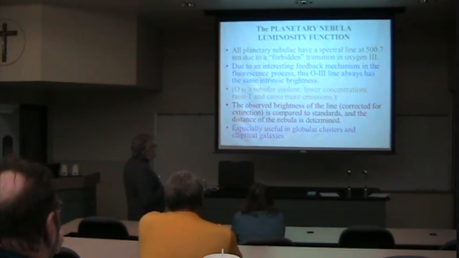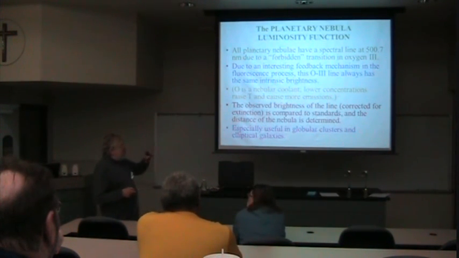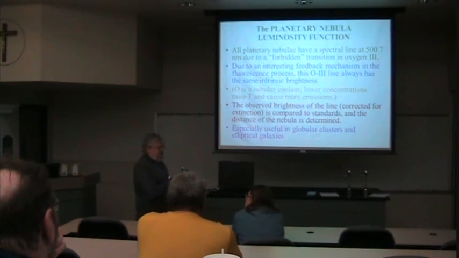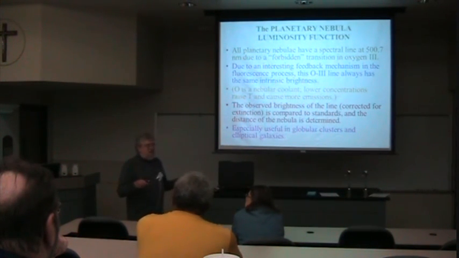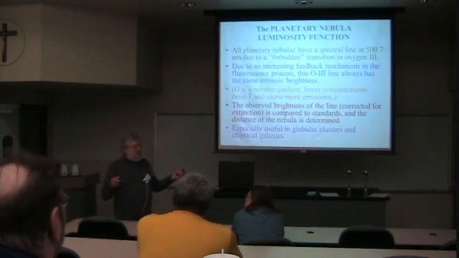Oh yeah, well, if there's a shell around it, you've got to allow for the fact that the light is partly coming through its own spherical shell, like the Ring Nebula. So it's going to be partly dimmed by the outer parts of that, and there are ways to figure that out.